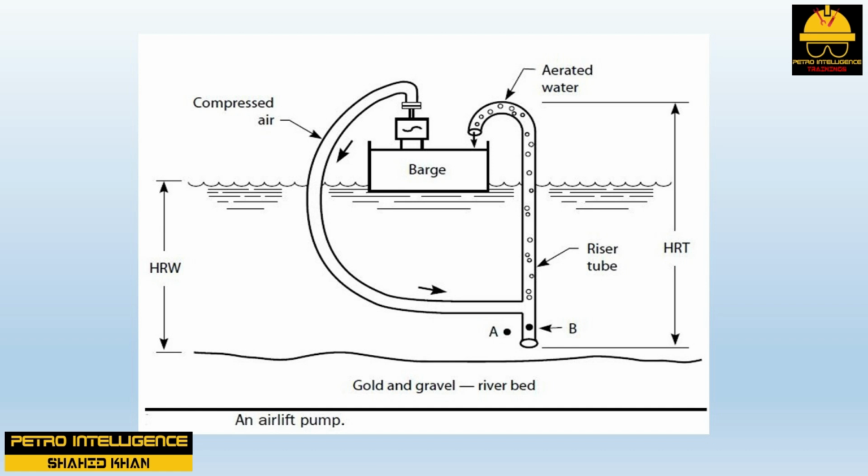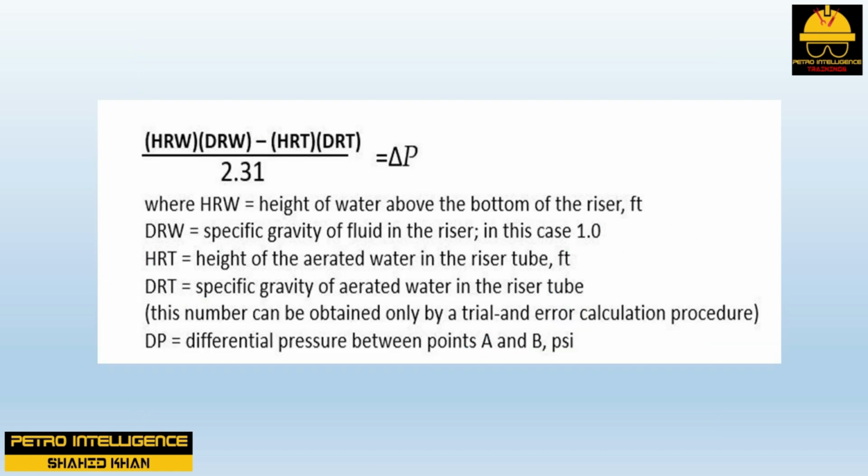We can calculate the pressure difference between points A and B as follows. (HRW × DRW − HRT × DRT) / 2.31 = ΔP, where HRW equals height of water above the bottom of the riser in feet. DRW equals specific gravity of fluid in the riser, in this case 1.0.